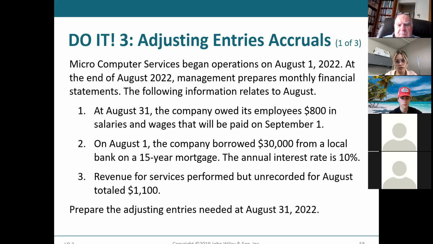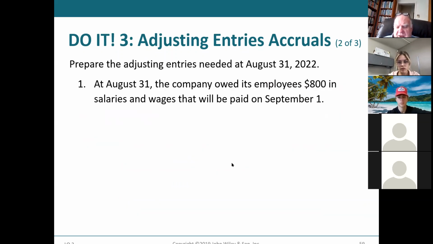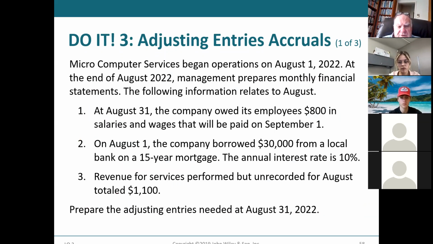Microcomputer Systems began operations and they prepare financial statements. The company owed its employees $800 in wages that are going to be paid on September 1. We have to accrue that $800. The company borrowed money from a local bank and the annual interest rate is 10%. We have to accrue that interest.